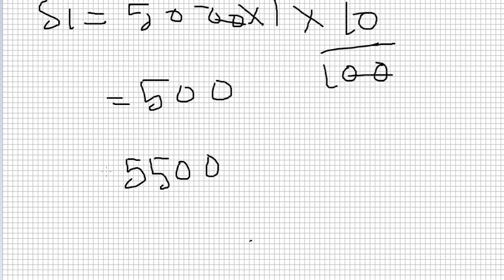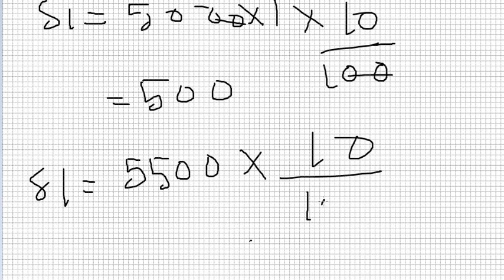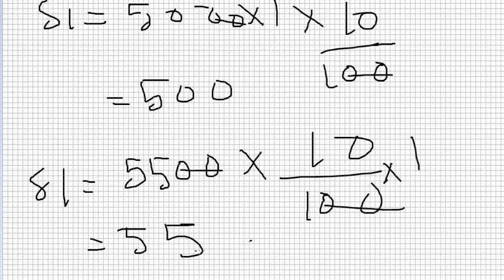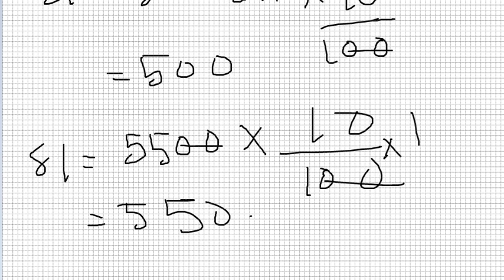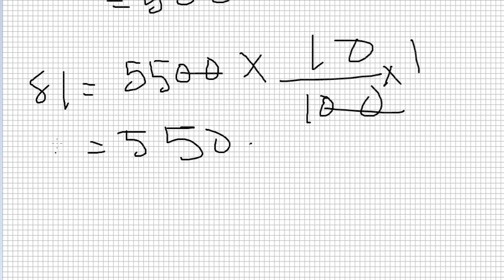So now we are going to do SI equals 5500 multiplied by again 10 by 100. Okay, so for doing it for another 1 year, 100 will get cut off, so 550. So we are going to add 550, then our amount will be 6050.